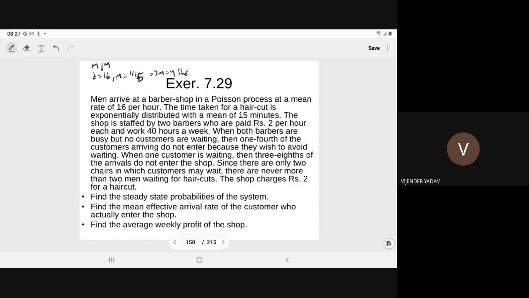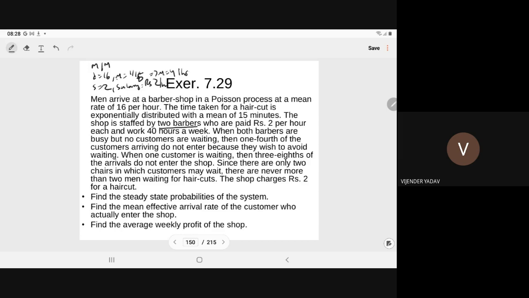The shop is staffed by two barbers. That is, S is equal to 2, who are paid rupees 2 per hour each, and work 40 hours a week.